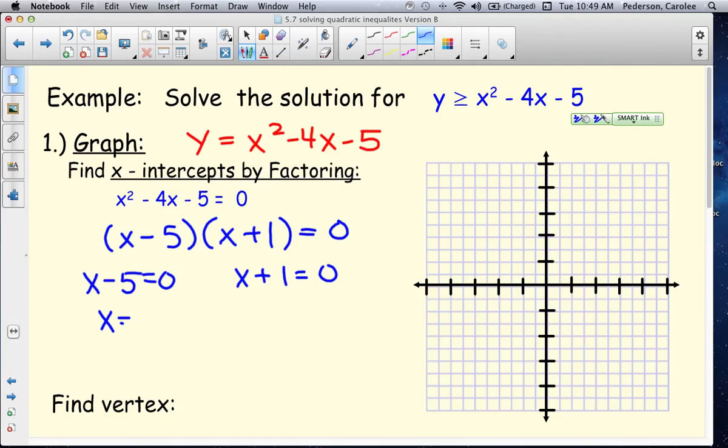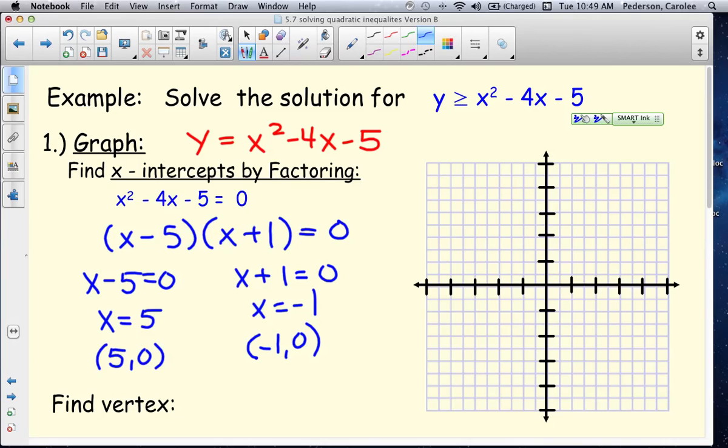So I get x equals 5 and x equals -1. Those are what we call the zeros of the function, which then will be the x-intercepts for our graph. So the x-intercepts are at 5, 0, and at -1, 0.